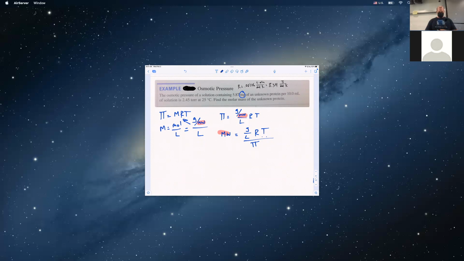M is moles per liter, and moles you can write as grams divided by molecular weight. So if you rearrange the osmotic pressure equation, you can solve for molecular weight, where molecular weight is equal to grams per liter times the gas law constant times the temperature, divided by the osmotic pressure.